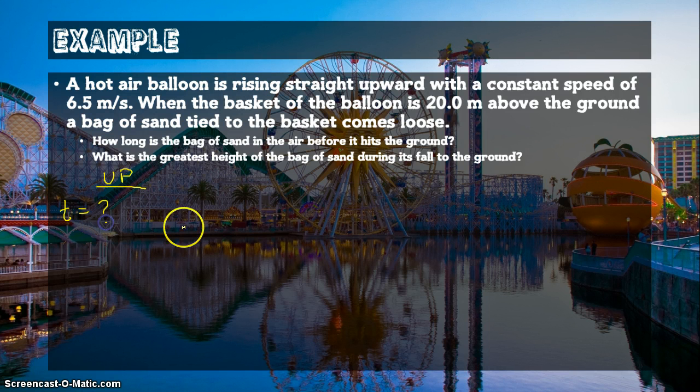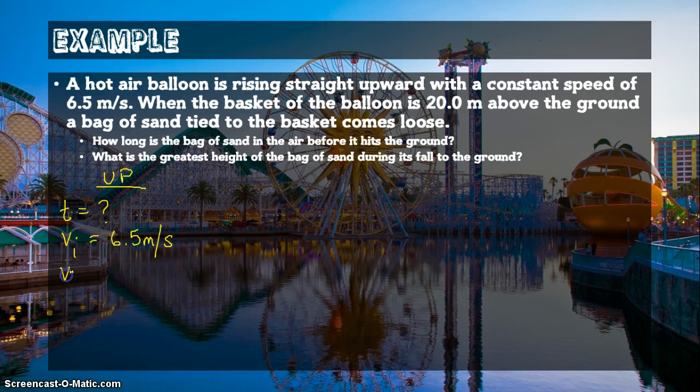We're trying to find the total time of going up and down, but we don't know the time going up. We know that the sandbag is moving at 6.5 meters per second upwards. Let's call our up direction positive in this case.